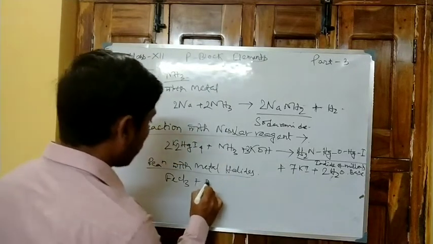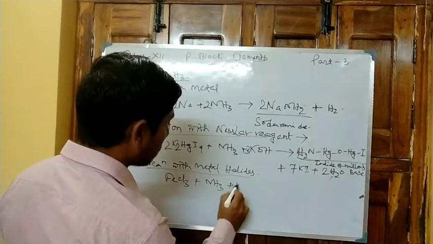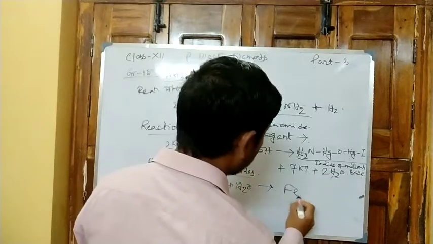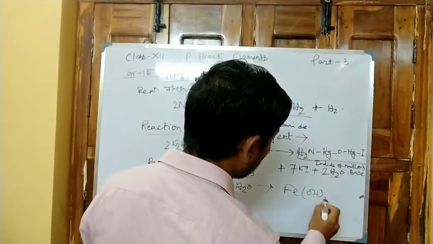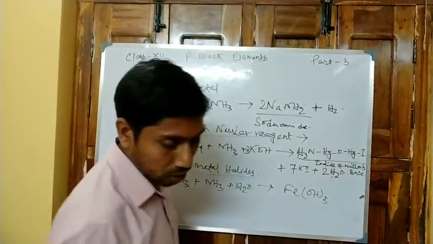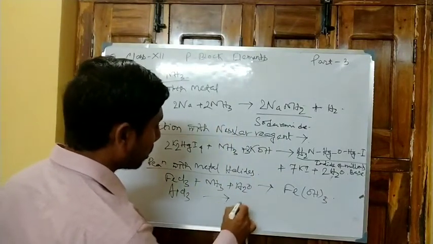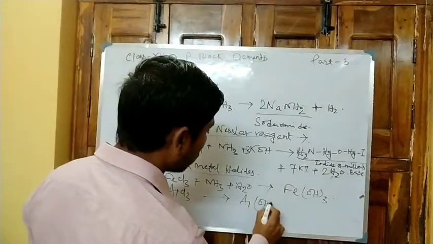FeCl3 plus NH3 plus H2O forms Fe(OH)3. In the same way, if we take aluminium AlCl3, then we get Al(OH)3.